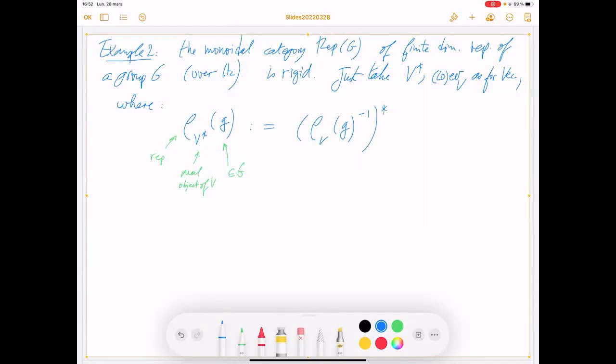I have a doubt here. Maybe like that is better. I guess it is the same because it's a representation.